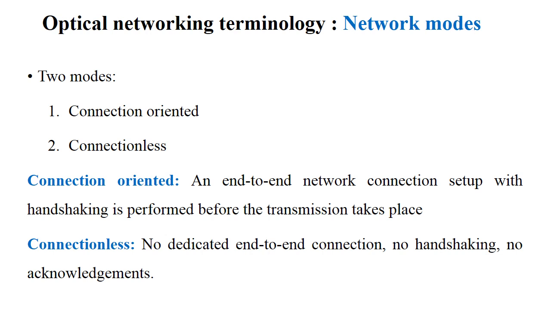Coming to the connectionless service. In this case, there is no dedicated connection between the source and the destination, but still the data transmission happens. Since there is no dedicated connection, there is no handshaking or termination of the connection. So how does it happen? If we take a source and the destination, there is a possibility of several paths from source to the destination.